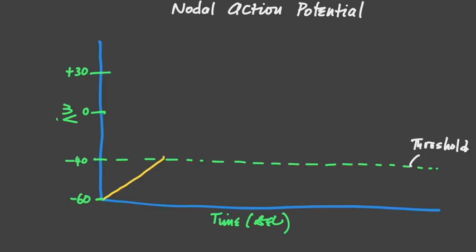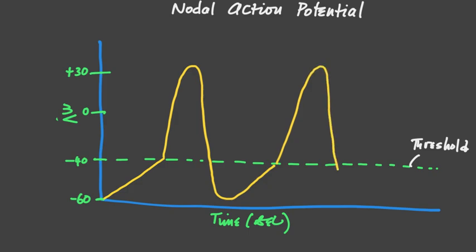At minus 40, voltage-gated calcium channels open, and at plus 30, voltage-gated potassium channels open, producing an action potential. From minus 60 to minus 40, we call it the pacemaker potential. This is in the place of a resting membrane potential, which the heart does not have. It has a pacemaker potential in the SA node.